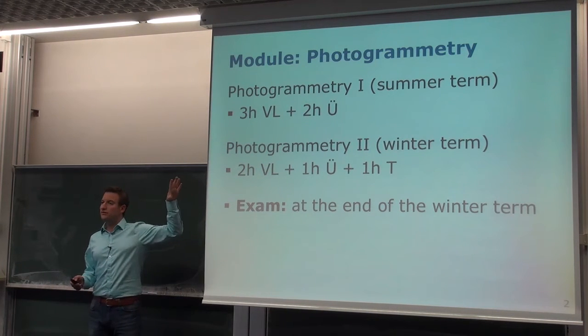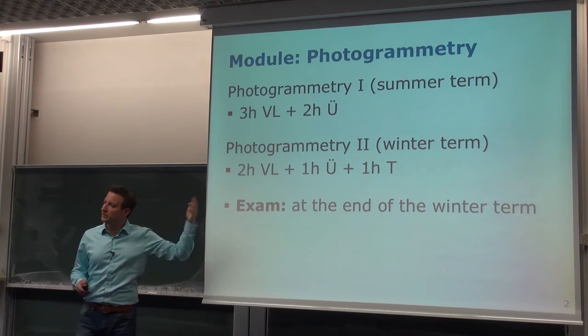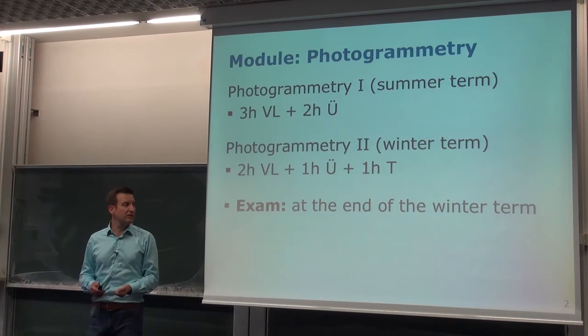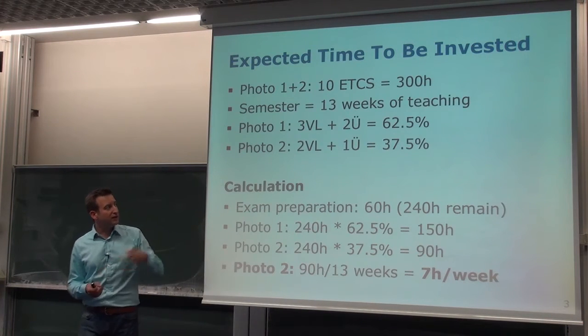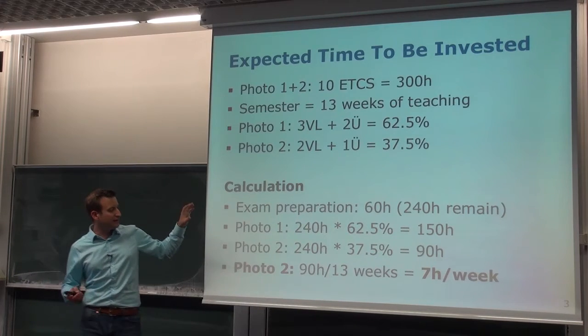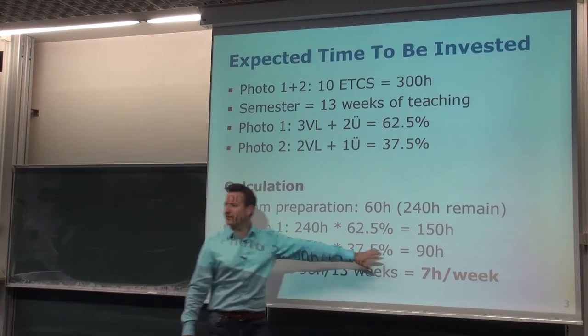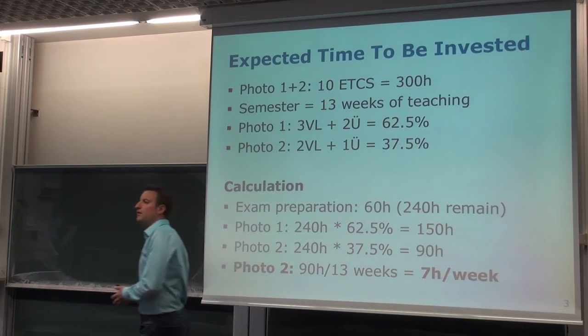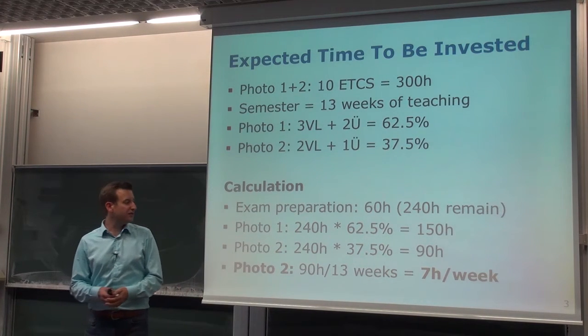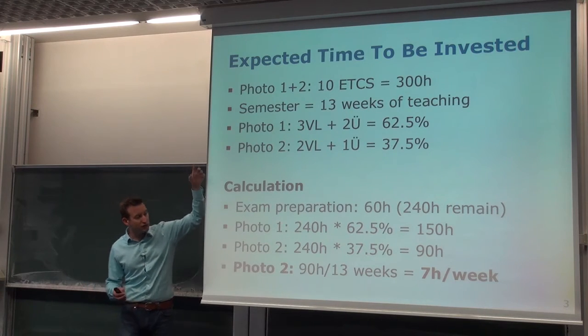Why is this relevant? This is relevant because these numbers are used to calculate the time that you are expected to spend on this course. I made the calculations also last term. In last term we had something between 11 and 12 hours per week that you were supposed to spend on the Photogrammetry I course. This is different now since the Photogrammetry II course is shorter.